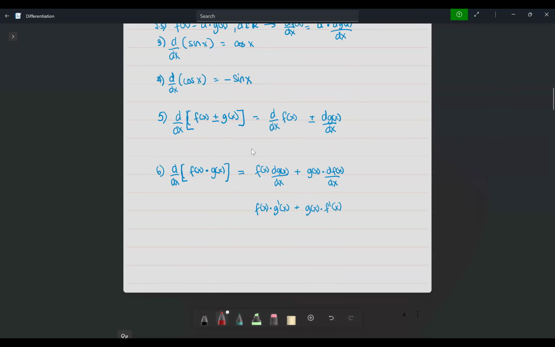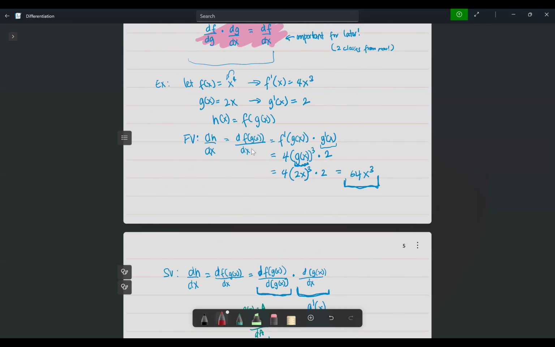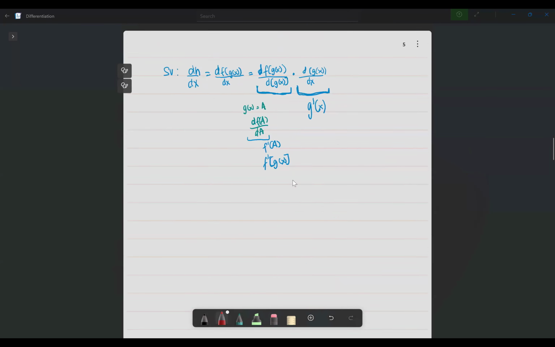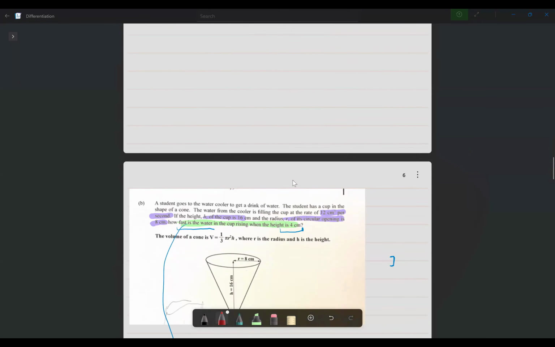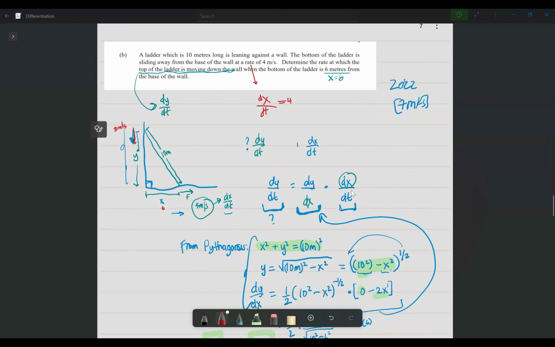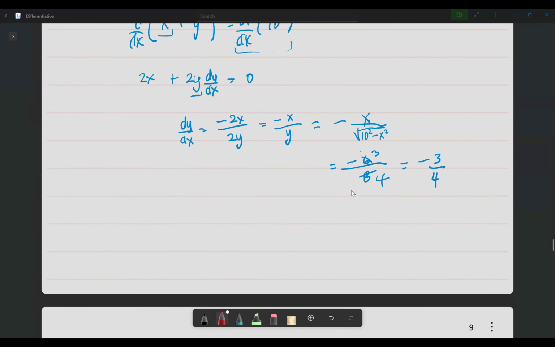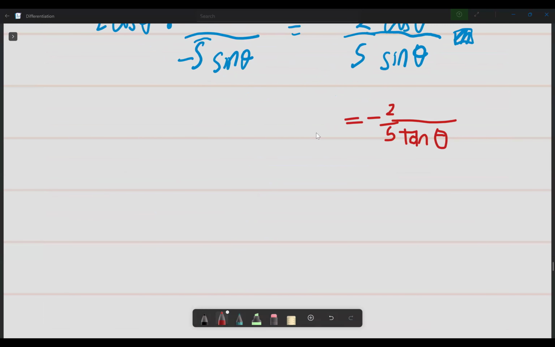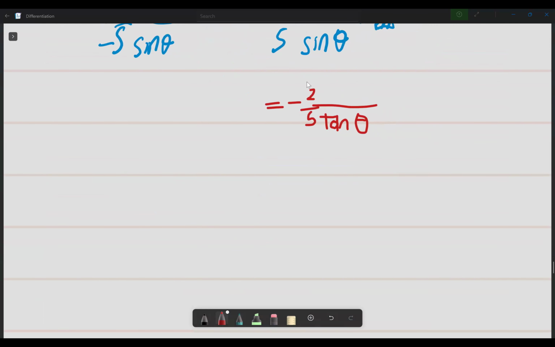The only time a question ever gets difficult is whenever it's worded, right? It could also be cot, right? So scrolling down to here, this is an acceptable answer: negative 2 over 5 with tan theta in the denominator.